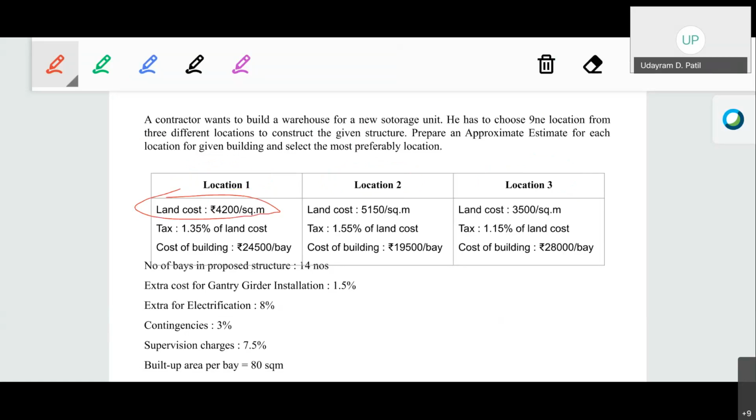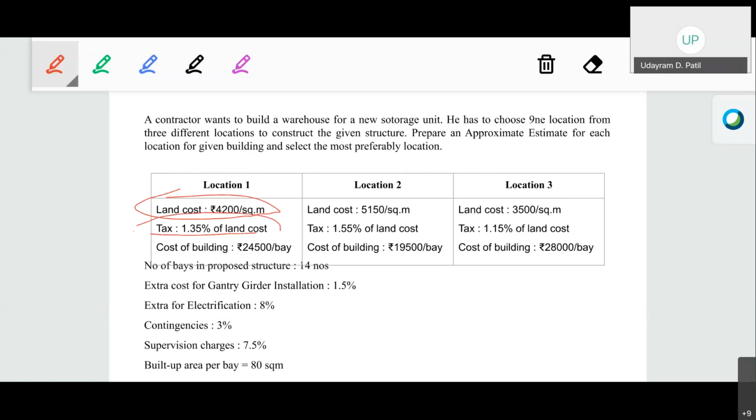Okay, depending upon the particular location of the site, the taxation will be different. Now if the site falls under the municipal corporation, the taxes on the ground will be higher. Whereas if the building falls under the gram panchayat, then the taxes will be lower.